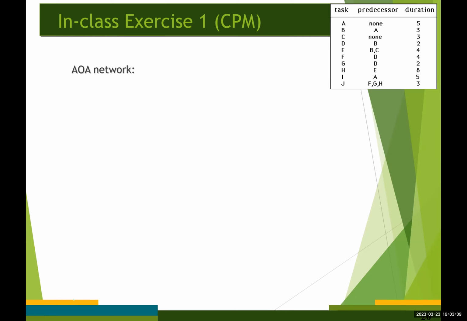And in the AOA network, usually node number 0 represents the start of the project. So an arc should lead from node number 0 to each activity that has no predecessors.